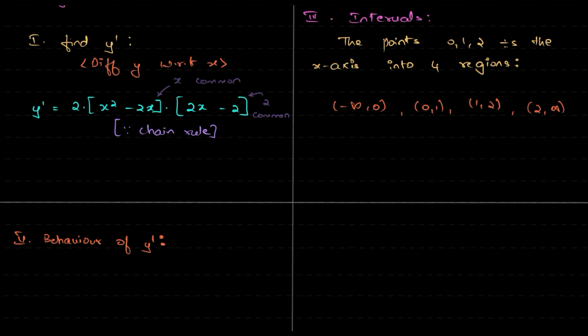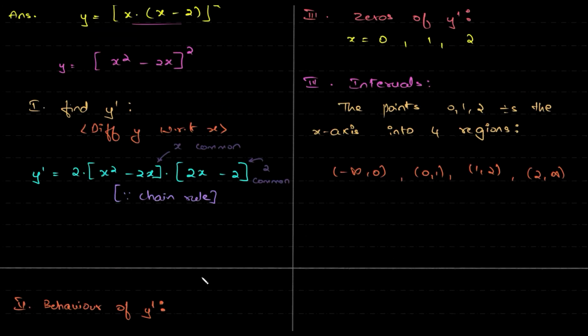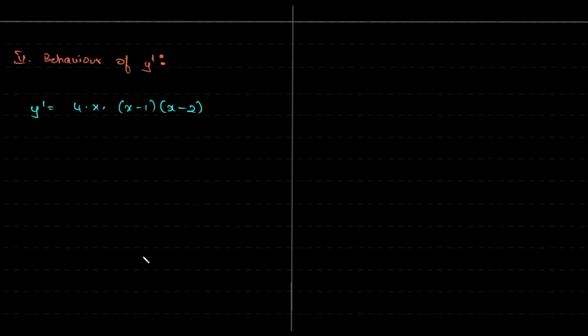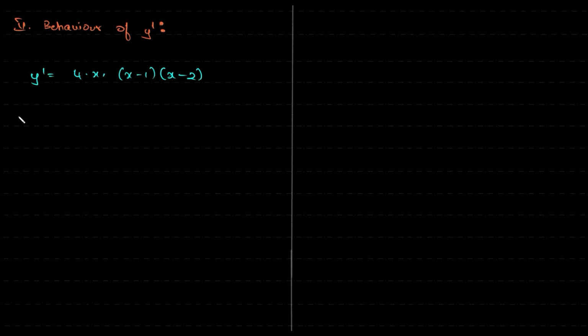So our expression for y prime is 4 times x into x minus 1 into x minus 2, right? As you can see, that's correct. Now, so first you have the case x lesser than 0, right? That's the first interval.